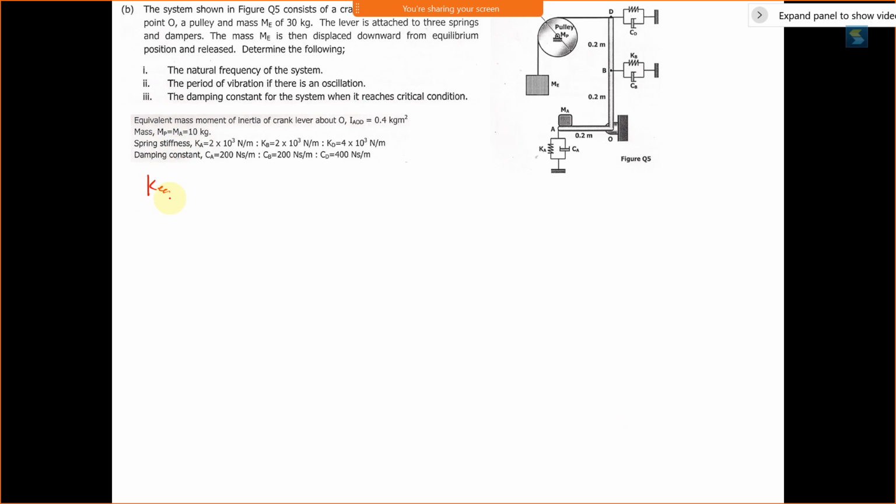So K equivalent 1 sama dengan KD. Sama kan? So equals to 4000 Newton per meter. Okay, so transfer to D. And then how about K equivalent 2?